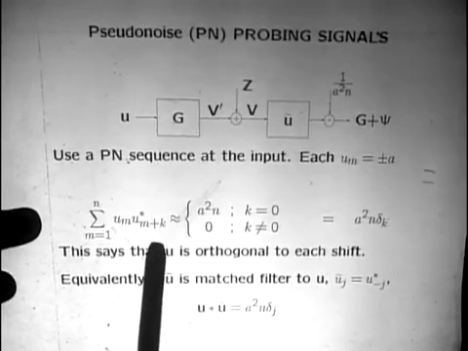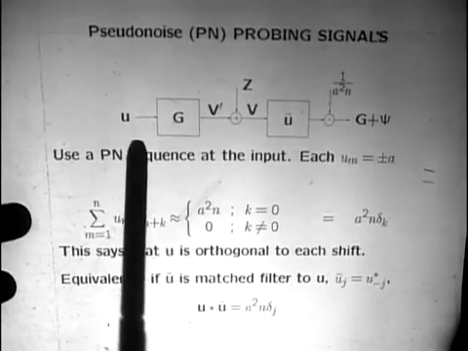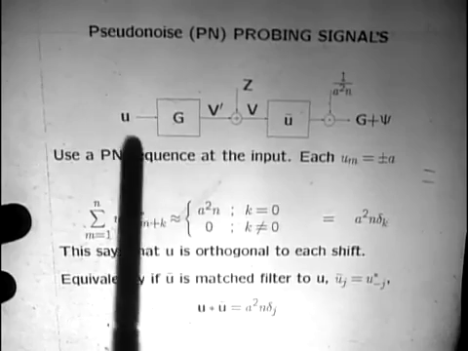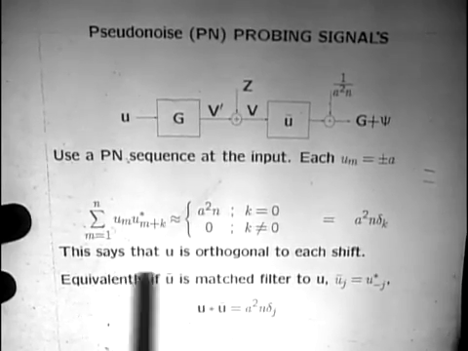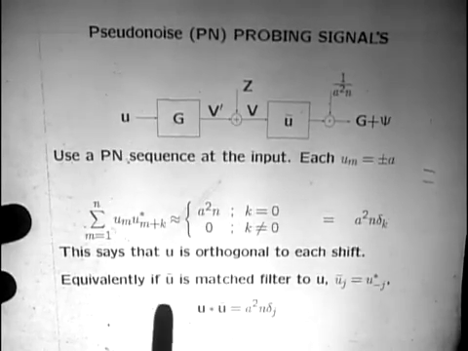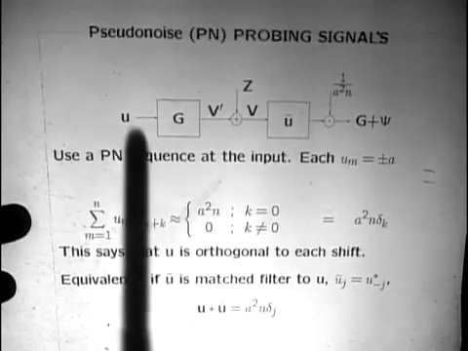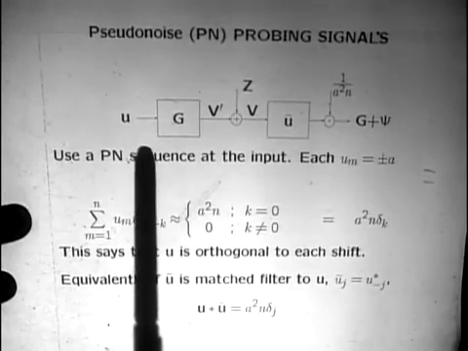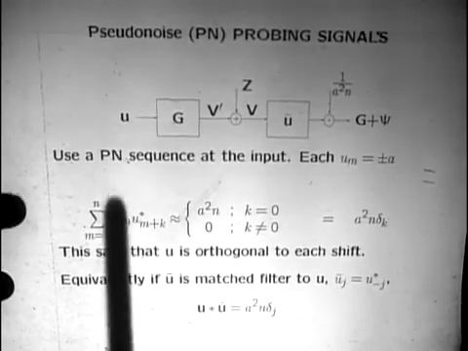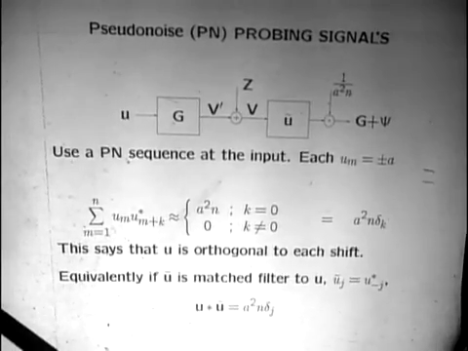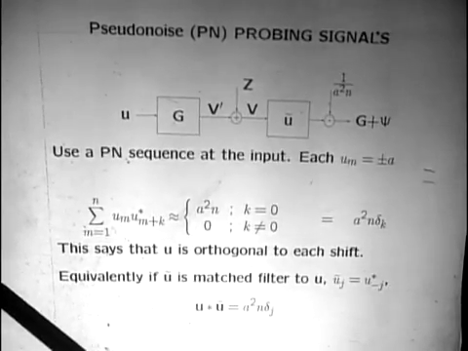Another way to say this is that the vector u has to be orthogonal to all of its shifts. That's exactly what this is saying. And another way of saying it is that u, if you pass it through the matched filter to u, now remember what a matched filter is on an analog waveform.